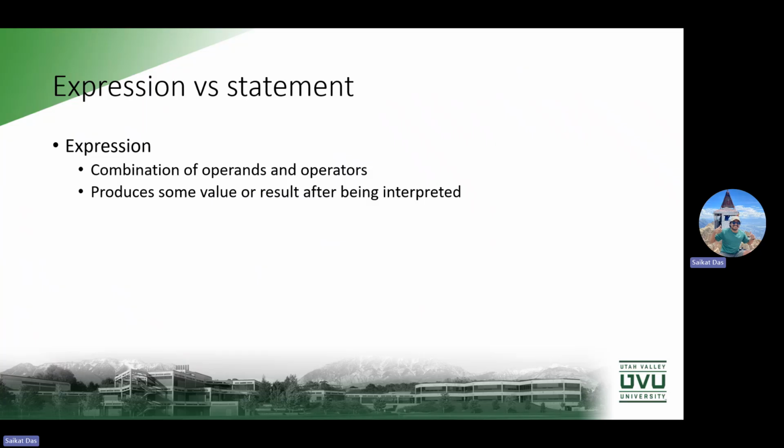We already discussed the operators, right? Can be arithmetic operator, can be Boolean operator, can be other types of operator. Operands are variables, right? So whenever we're writing a combination of operators and operand, it is an expression. And the purpose of this expression is it produces some value or result after being interpreted.